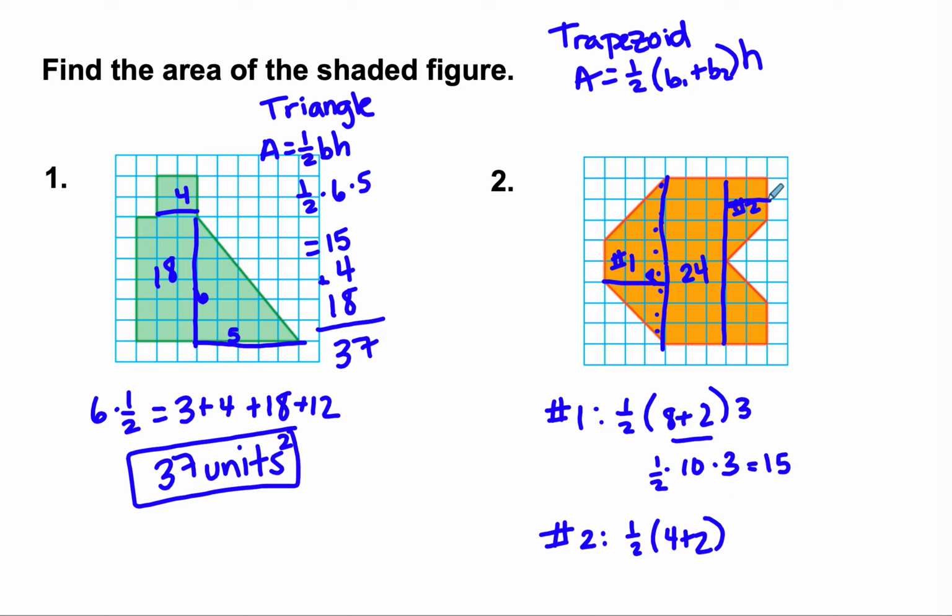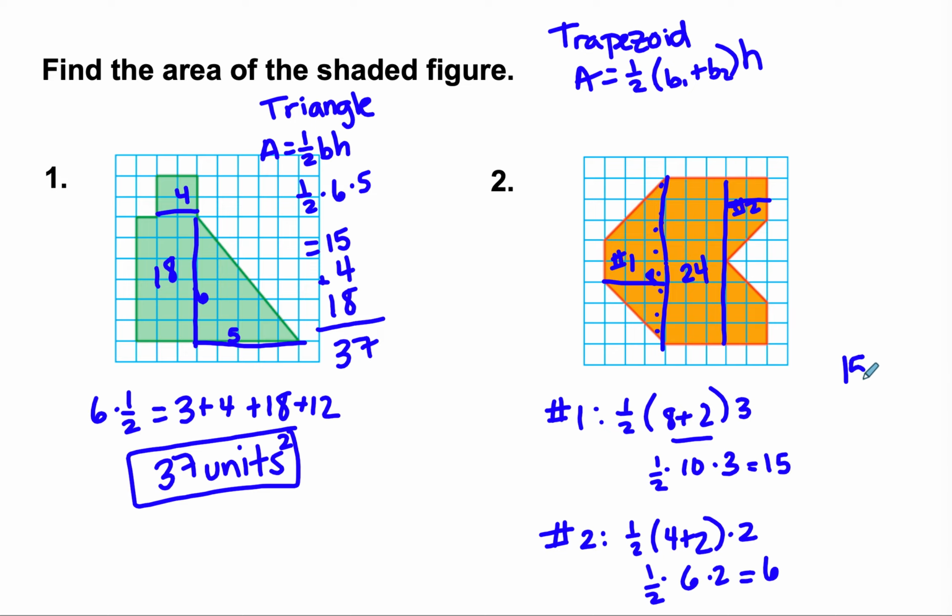My height is 2. Four plus 2 is 6. 1/2 of 6 is 3 times 2 is 6. And if that part is 6, then this part is also going to be the 6 because they're the same.